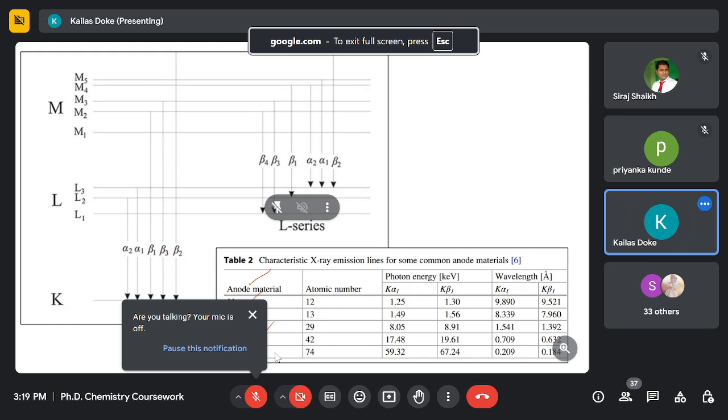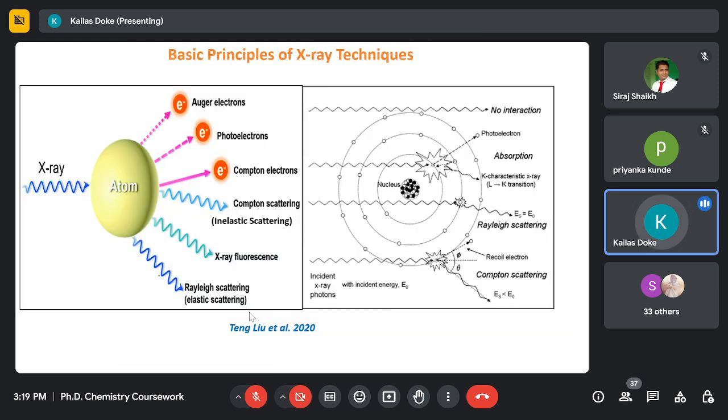Now, what are the basic principles of X-ray techniques? I mentioned different types of X-ray techniques in the previous two slides.